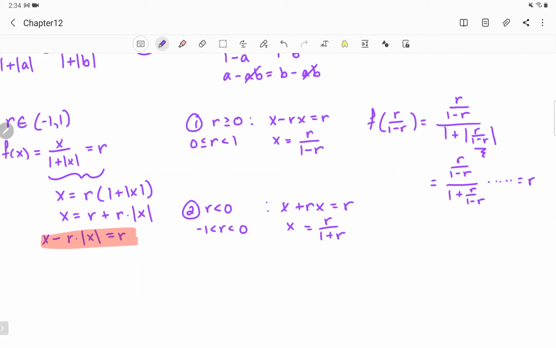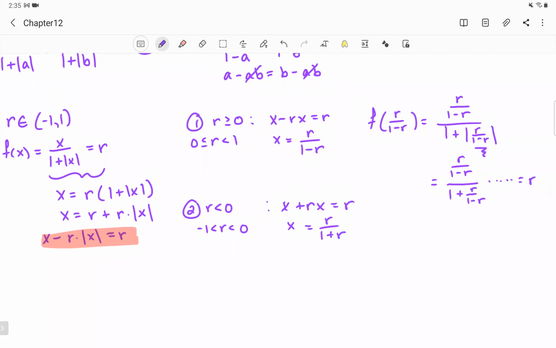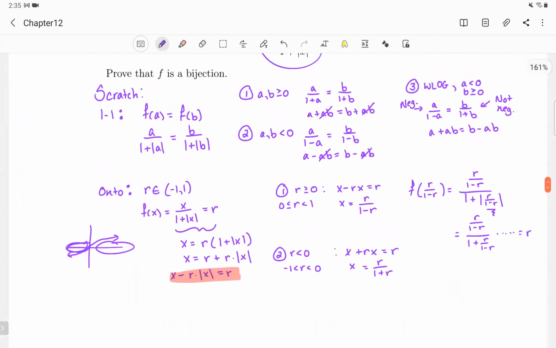And then we could check that, but we'll do that in our proof. So that is our scratch work for this. Questions on the scratch work? And I'll show you how to put it into a proof in a second.